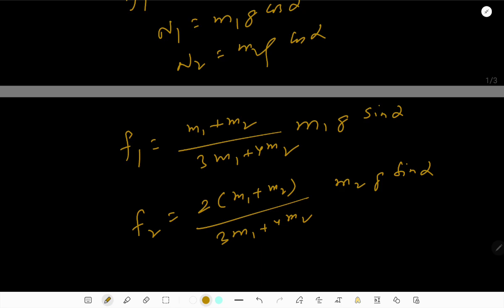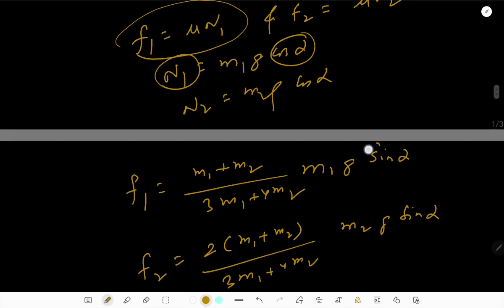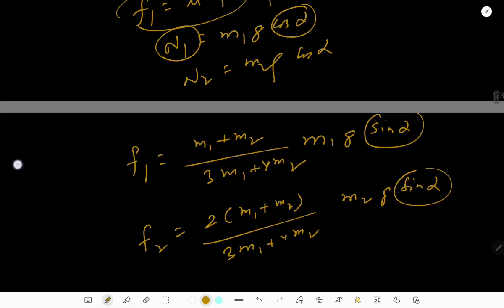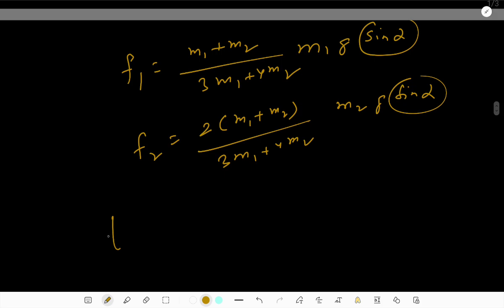After putting them in, F1 equals mu N1, where N1 contains cos alpha and F1 contains sin alpha. In both cases, try to find tan alpha. In the first case, the value of tan alpha you get is mu times (3M1 plus 4M2) divided by (M1 plus M2).